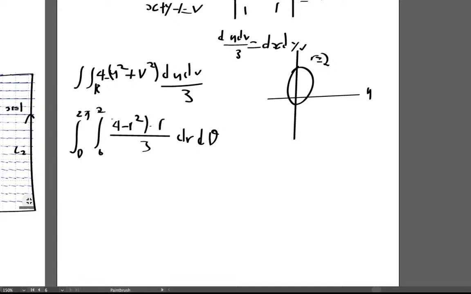You'll get 2r squared over 3, minus r to the power 4 over 12, evaluated from 0 to 2, integrated from 0 to 2 pi of d theta.